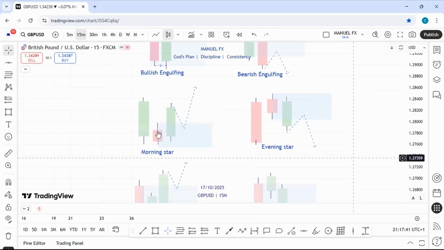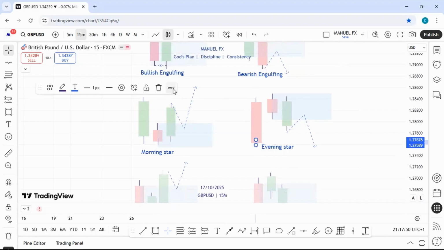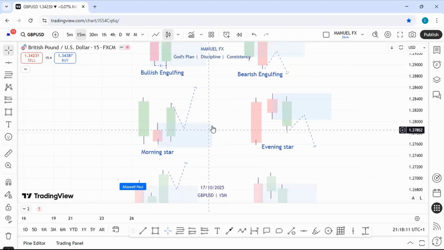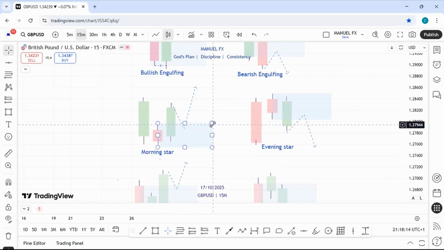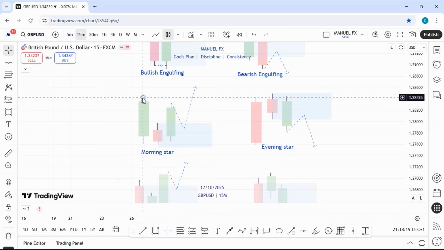Now, the morning star and the evening star look kind of like the same, but they are not the same. For the morning star, first of all, we see the source candle.